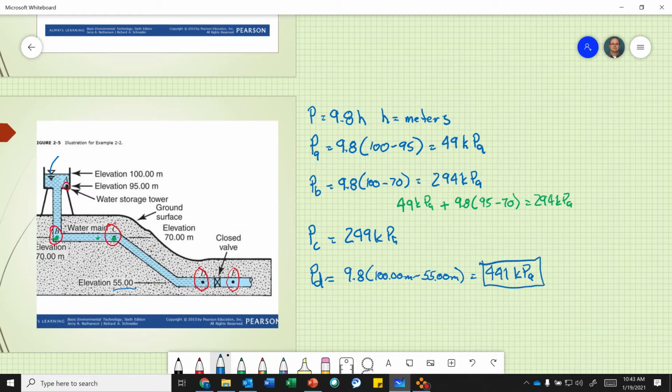That is the pressure at point D, pressure at point C, point B, point A. Okay.